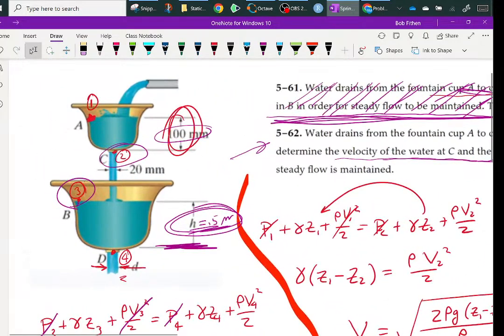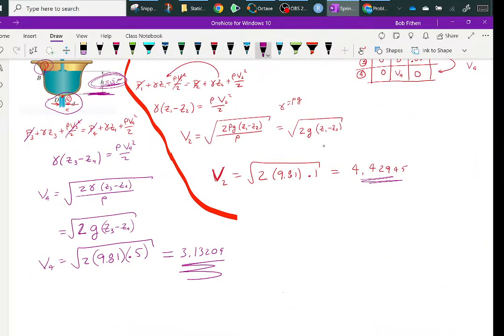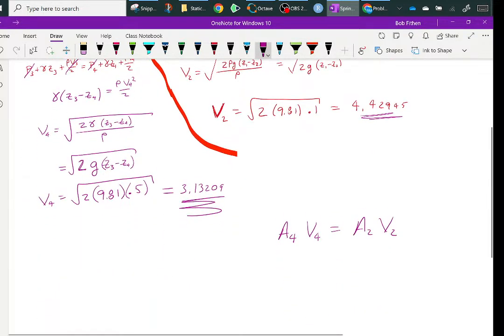What that means, he's already told me that this is 20. And now he hasn't told me what this D is. The steady flow is being maintained. But these are actual velocities. That means A4 V4 has got to equal A2 V2. But A2 is this, and it's 20 millimeters.